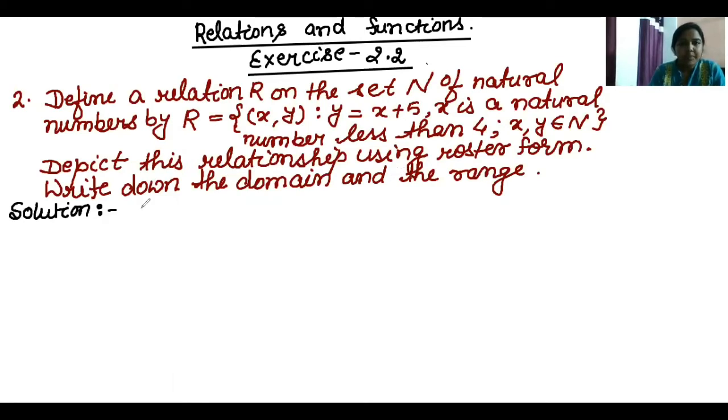So we'll start here. Given, R is a subset of N cross N, R on the set N only.